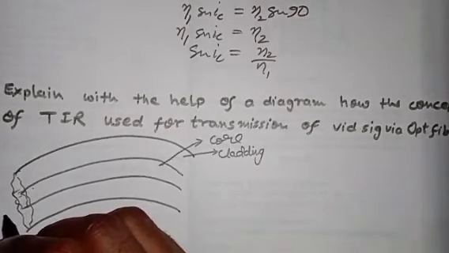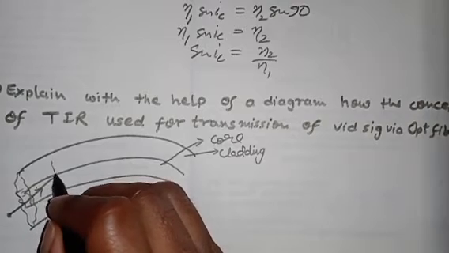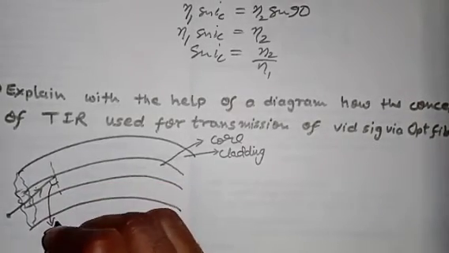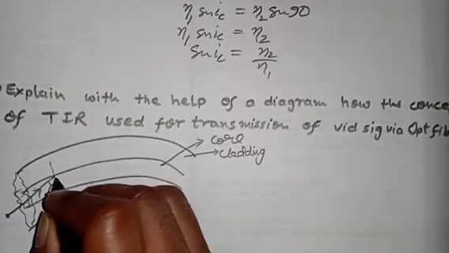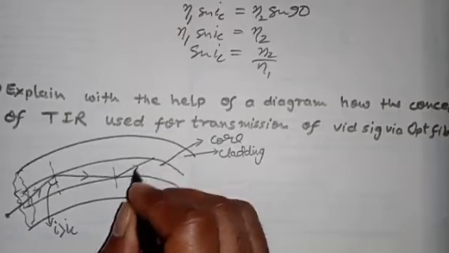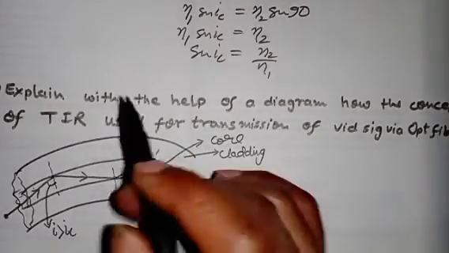And if we incident a light signal at an angle I greater than critical angle, then it undergoes total internal reflection, and after multiple reflection it is taken out from the other end.